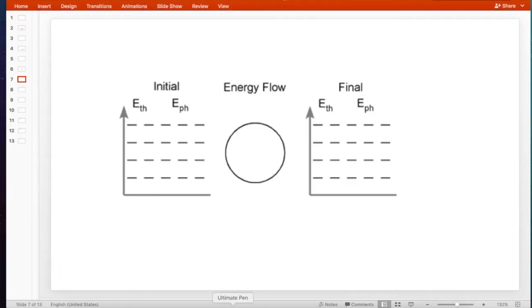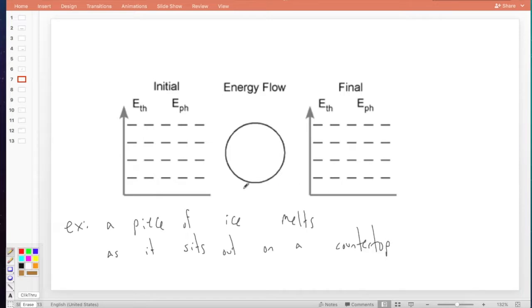So now I think we can finally go start answering our question. The question was something like this: a piece of ice melts as it sits out on the countertop. So I think we said that we are going from solid water, ice, with strong and effective intermolecular forces, locking the particles into place so that they are only capable of vibrating.